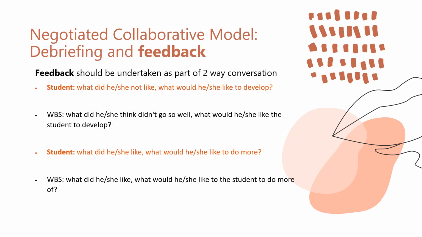We've already identified that debriefing and feedback are two very separate things. They can happen one after the other, or they can happen quite separately. But focusing on the feedback, it should be undertaken as part of a two-way conversation. So, as you can see, there are some bullet points whereby the student and then you as the work-based supervisor have a series of questions that you need to answer.